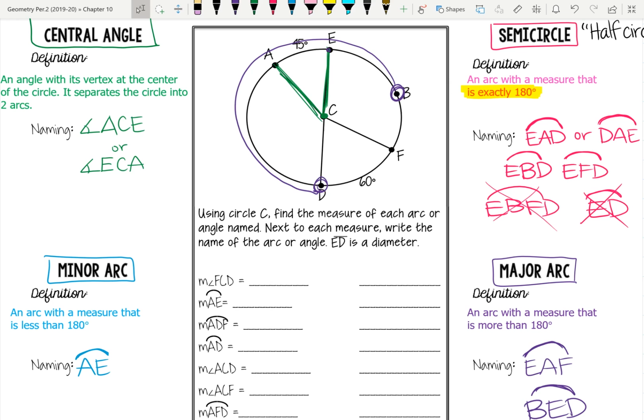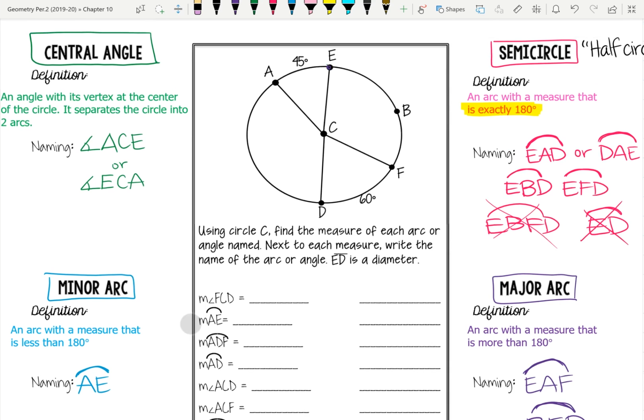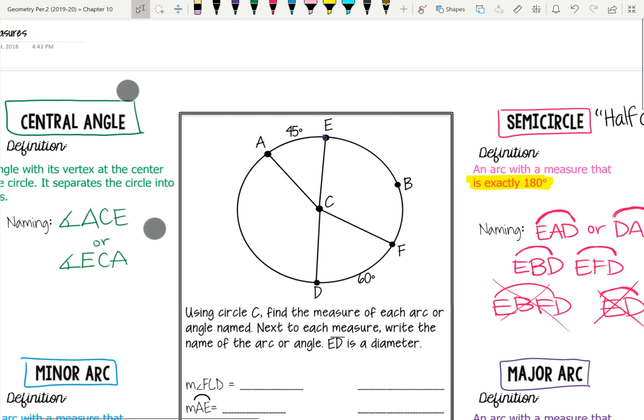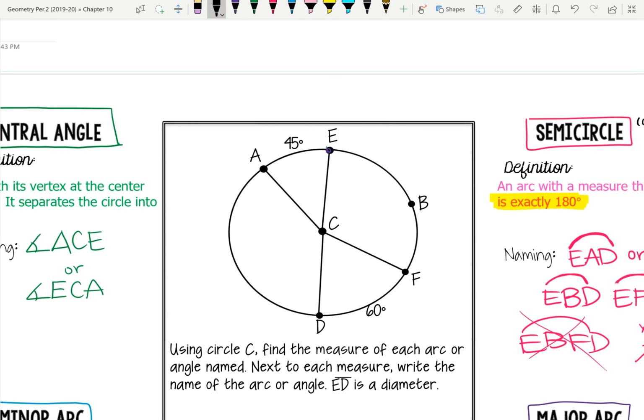Now, how are these all related to each other? There's one very important thing that you need to know, a property about central angles and arcs, and that is this. A central angle has the exact same measure.